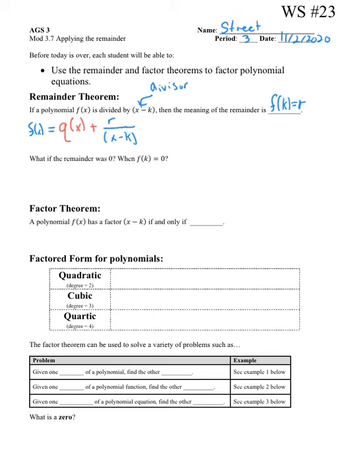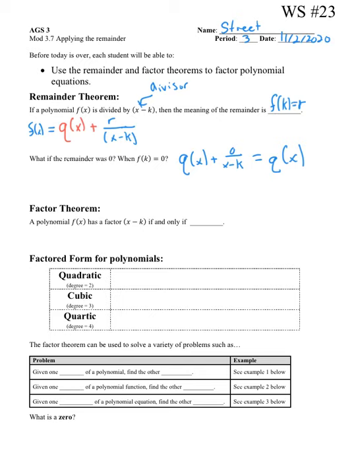Now, if the remainder was 0, then we would end up with 0 over x minus k. So it'd be our quotient of x plus 0 over x minus k, or just our quotient of x. We would just have the quotient left. So that's what's happening if we have a remainder of 0.